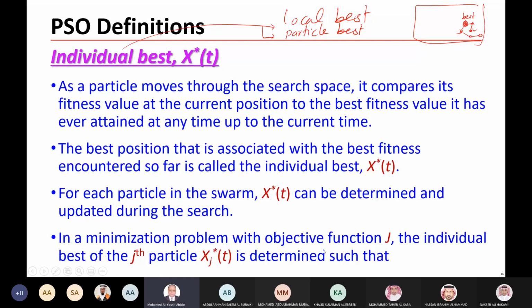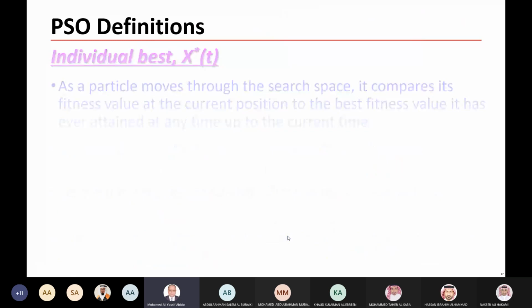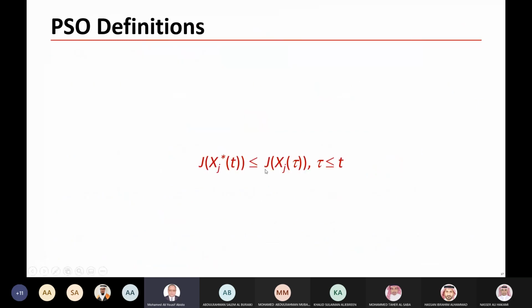In a minimization problem with the objective function J, the individual best of particle j, x_j star of t, is determined such that you can have the objective J star. So J star is the objective function for the local best position.